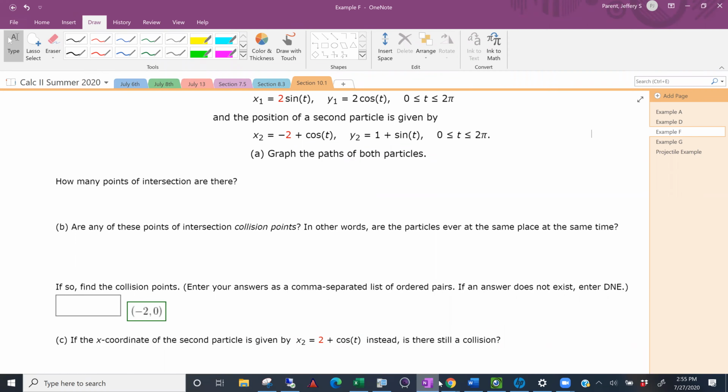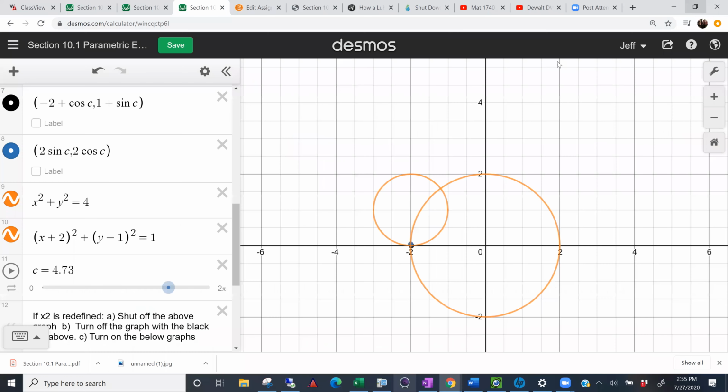So yeah, I was thinking about that in association with this last question. It goes, if the x and y coordinate of the second particle is given by x = 2 plus cosine of t, instead, is there still a collision? So for that part, let's see. I want to shut off this graph here.